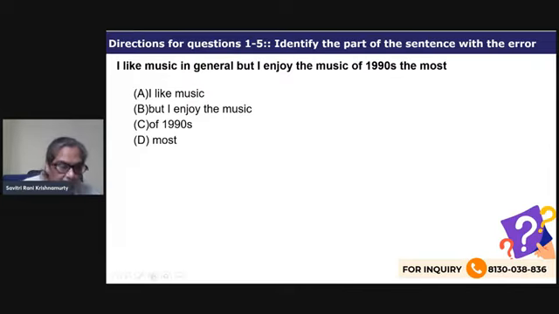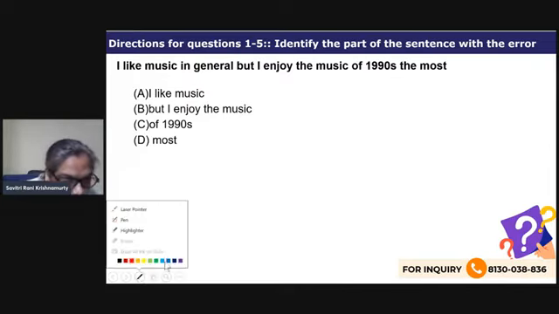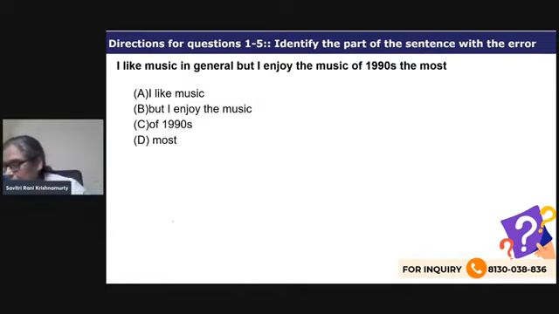All right. When you're talking of music in general, you don't need to use any article. So A is correct. But here we're talking about the music of 1990s, so this "the" is also correct.